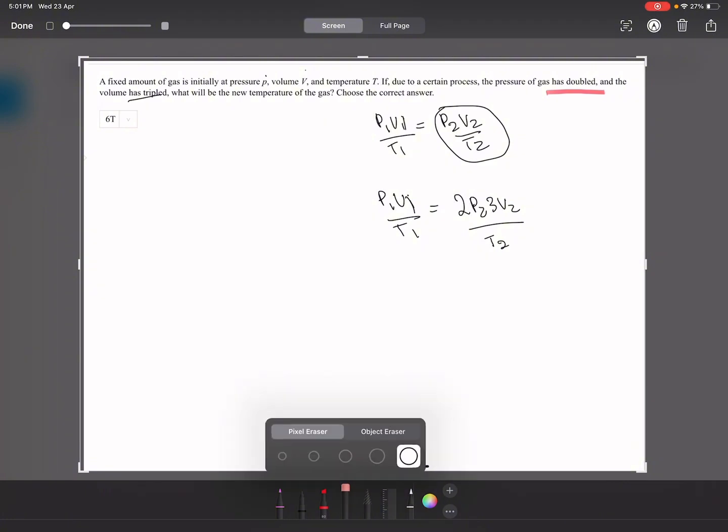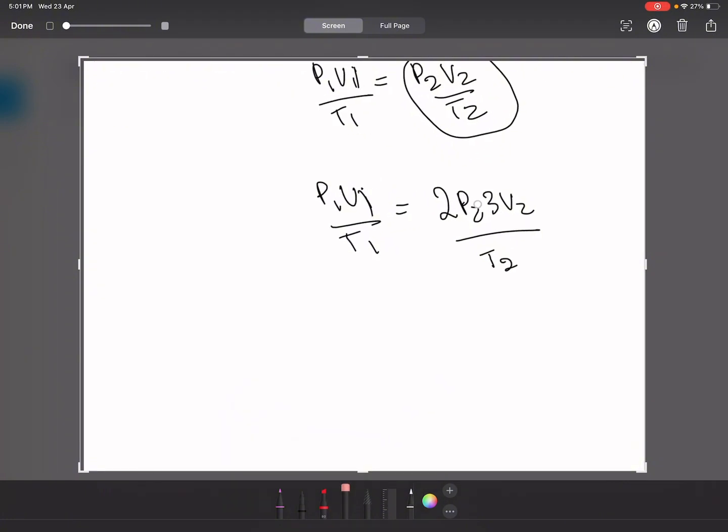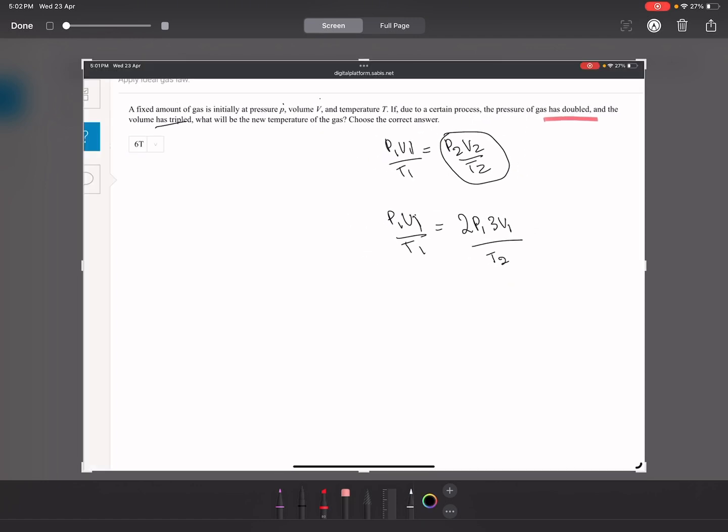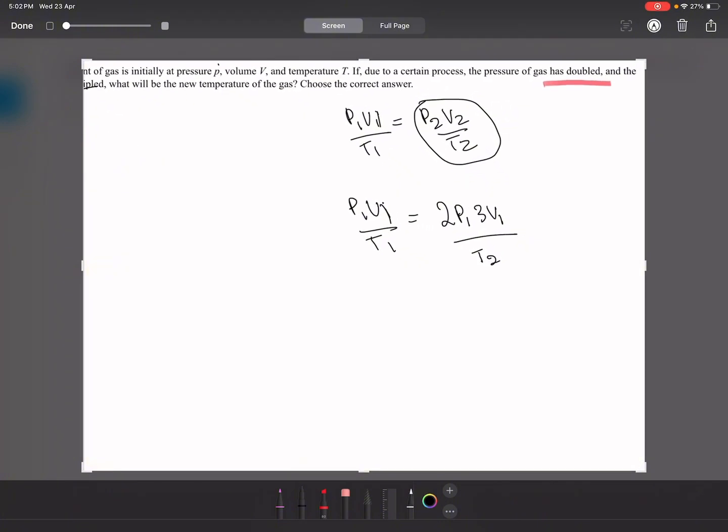Wait, actually I need to correct something. After we put the 2 and 3, you have to put P1 and V1, not P2 V2, because they said the pressure of the gas has doubled. So the pressure is double the initial. So that's what we mean when we do this.